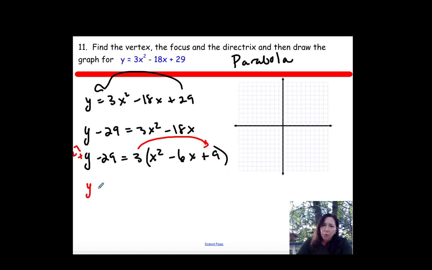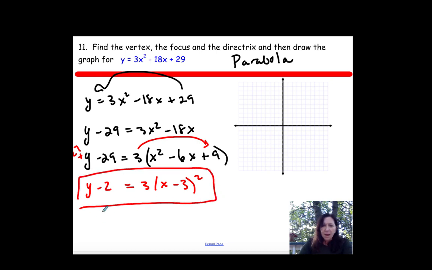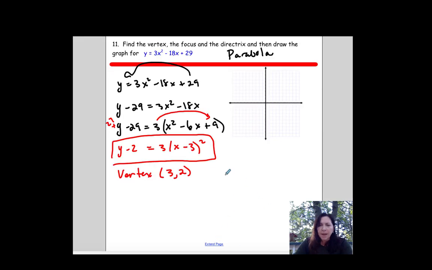So this becomes y minus 2 equals 3 times the quantity x minus 3, quantity squared. That's vertex form. If you notice, my vertex is now going to be positive 3 and positive 2. I also want to find my focus and directrix, so I'm going to go over 3, up 2.